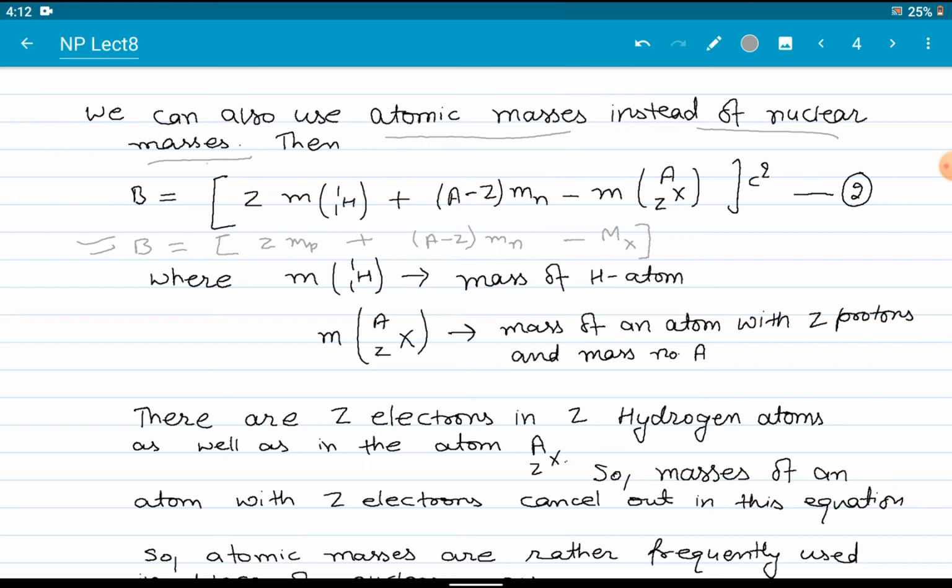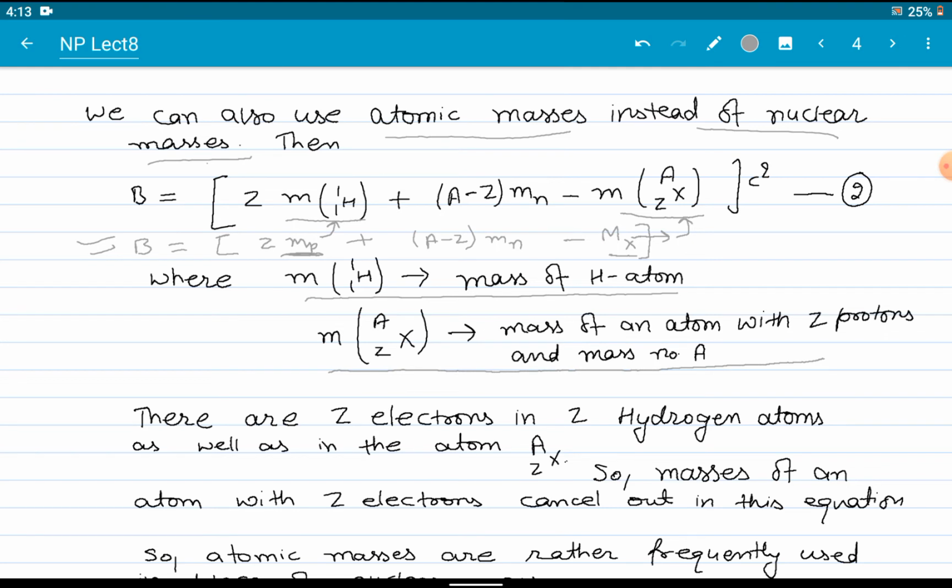So in place of mass of a proton, we have used here the mass of a hydrogen atom, and in place of mass of the nucleus of X atom, we are taking here mass of X atom itself, not nucleus. यहाँ पे मास ऑफ प्रोटॉन, यहाँ पे मास ऑफ न्यूक्लियस किसका, जिस एटम का केमिकल सिंबल X है. तो यहाँ पे क्या लेंगे हम, this is mass of hydrogen atom and this is mass of X atom. M represents mass of hydrogen atom and this represents mass of atom itself, that is X, न्यूक्लियस का नहीं.